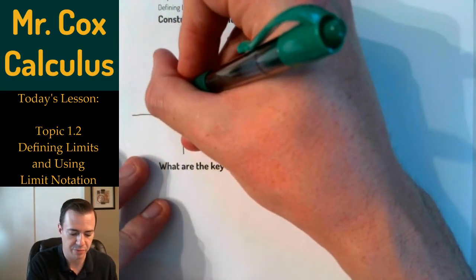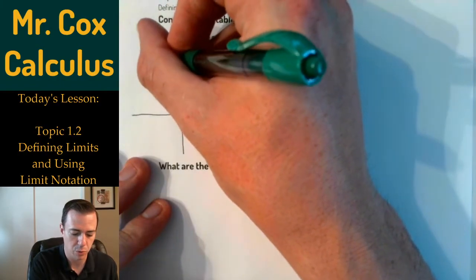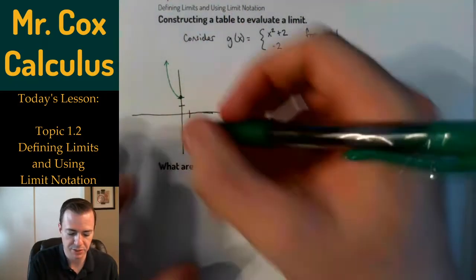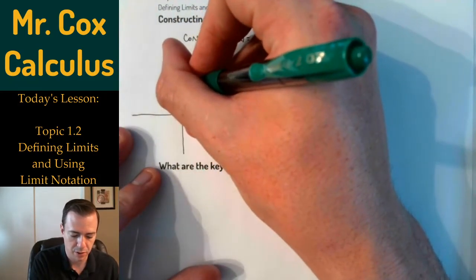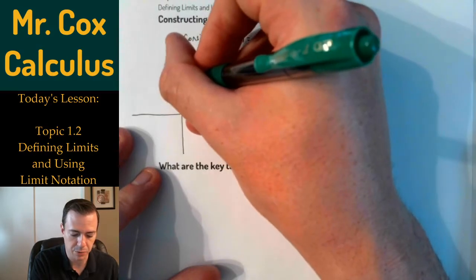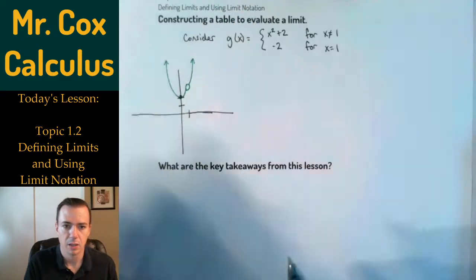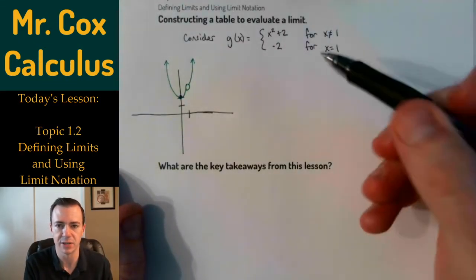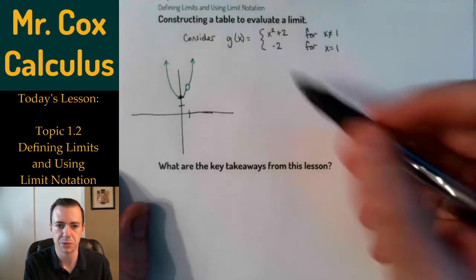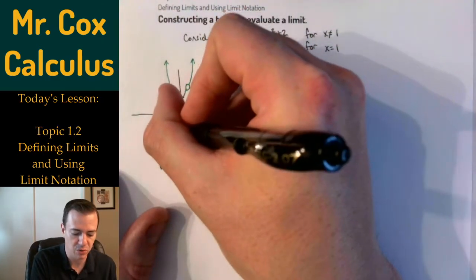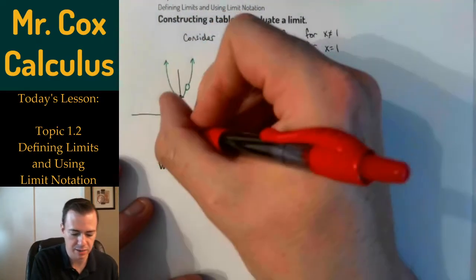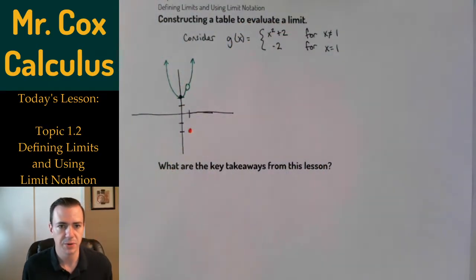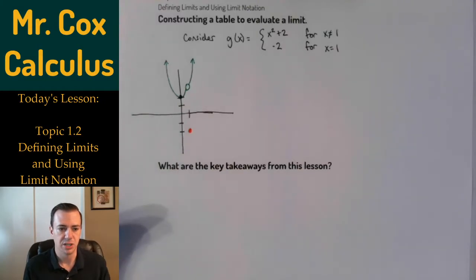So the left side of my parabola is going to look very normal, but the right side of my parabola here is going to produce a hole at x equals 1, because at x equals 1, and this is just a weird, particular piecewise function that I'm looking at, I define this as equaling negative 2. And so I end up with this point right here, and there's the graph of my function g of x.